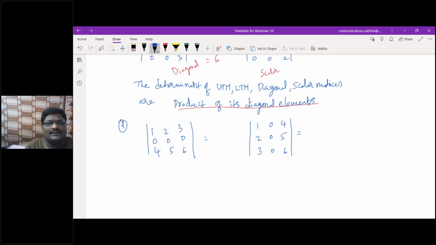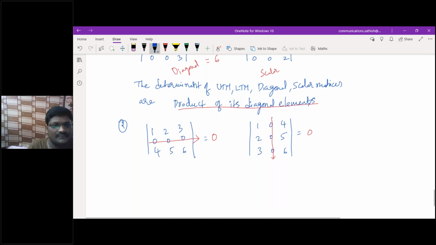Obviously, for this matrix one complete row or one complete column is 0, sir. Very good. If any one complete row or complete column, complete meaning in the corresponding row or column all the elements must be 0, then the determinant of the matrix is 0.